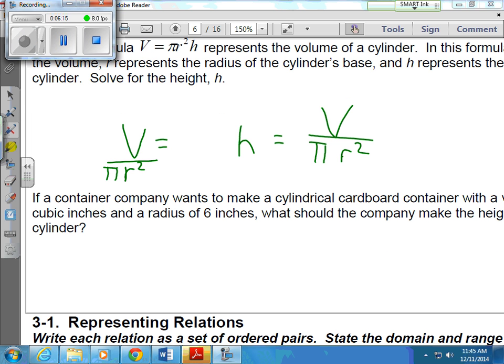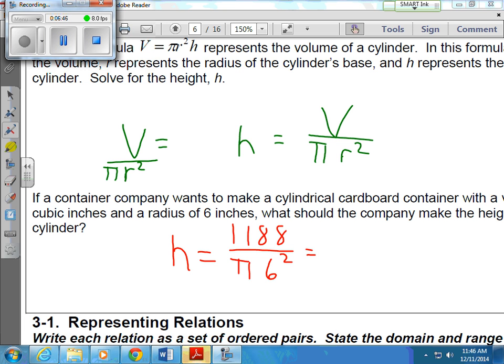We can plug in numbers for volume. What is the volume? 1188. Okay, divide by pi, which is a number in itself, and the radius is what? 6 squared. So type this in your calculator. 1,188 divided by pi, or 3.14 if you don't have a pi button.